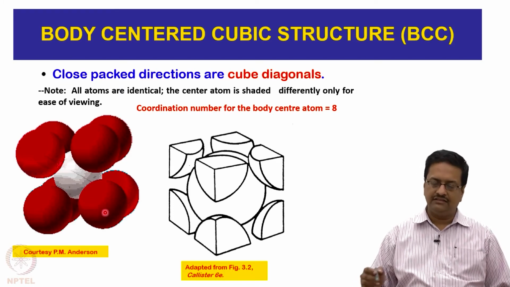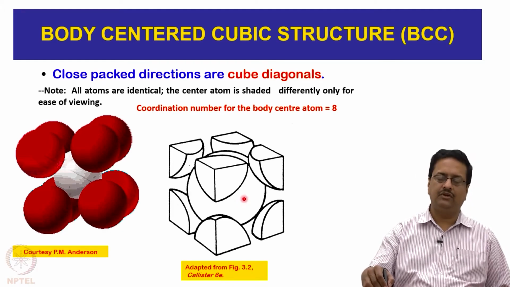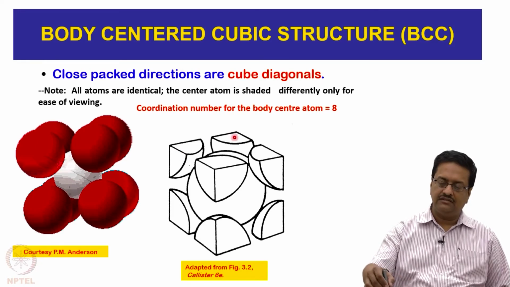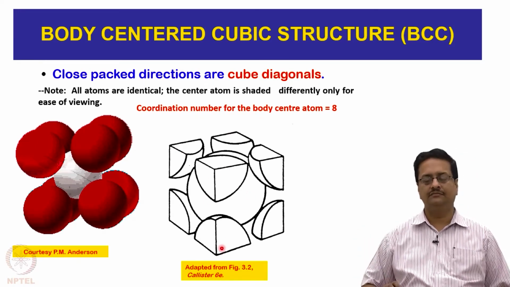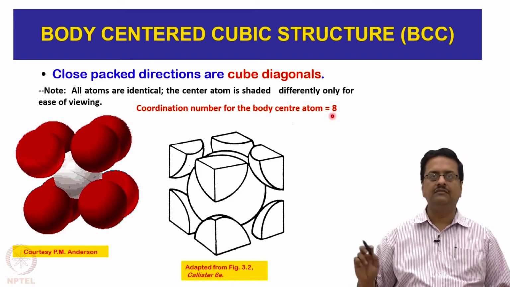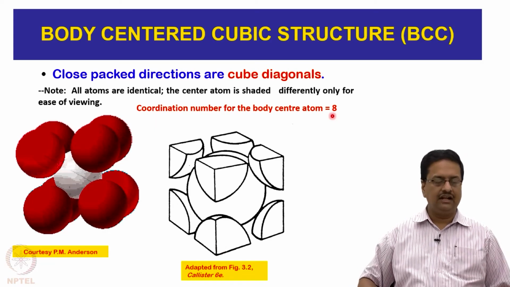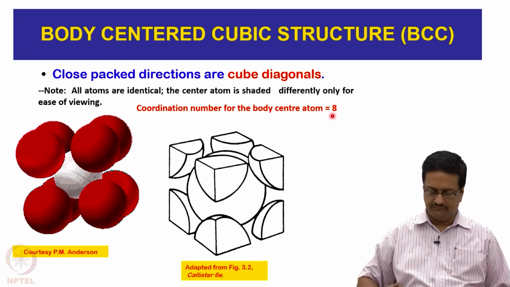So in that case, if you consider the atom located at the center of the unit cell, then you have 8 such atoms which are touching this particular central atom. So that is why we write that the coordination number of a body-centered lattice is 8, and the body center atom has coordination number 8.